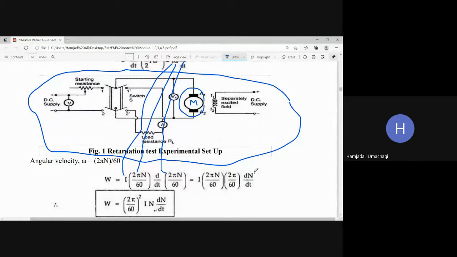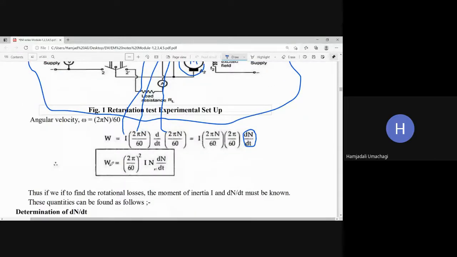We are going to take this as a change in the speed function. So speed will be changing here, yes or no? When we disconnect the power supply to the motor, then its speed will start to decrease, which is nothing but a retardation process taking place there. So what is the decrease in the speed with respect to the time? That is nothing but dn by dt. So if you check the equation here, the rotational loss or the stray loss equation becomes what?